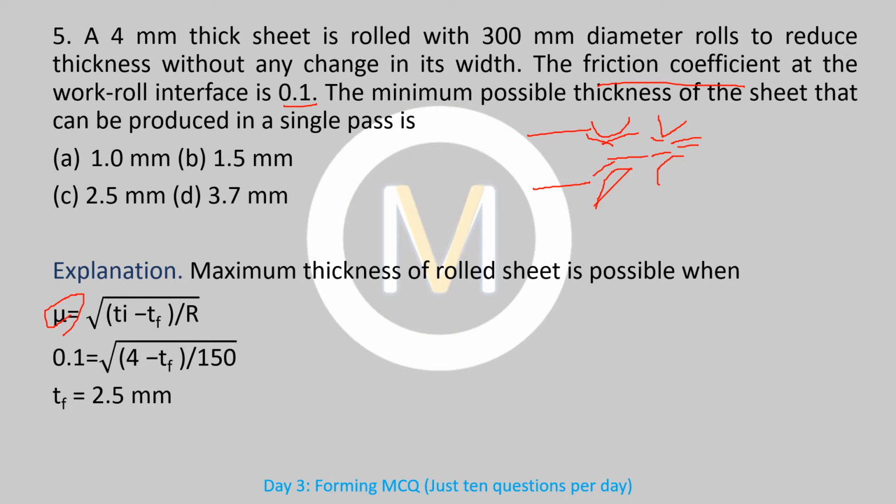So we'll put the values. Mu is the coefficient of friction, Ti is 4, R is 150, that gives us 2.5 mm. So we can reduce 4 mm thickness to only 2.5 mm. And if we need a lesser thickness, then we have to do this process again. So that is the type of operation this is. So our correct answer will be 2.5.